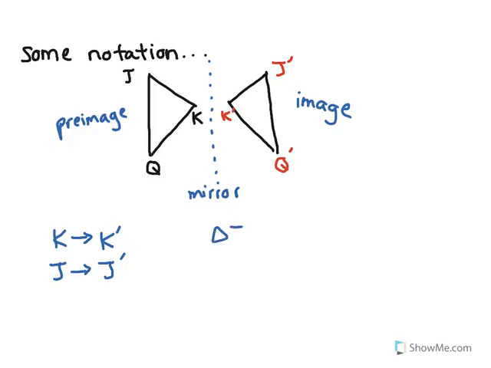So triangle JKQ maps onto triangle J prime, K prime, and Q prime, in the same order. So that's how you can use all your notation to help you determine the pre-image and the image.